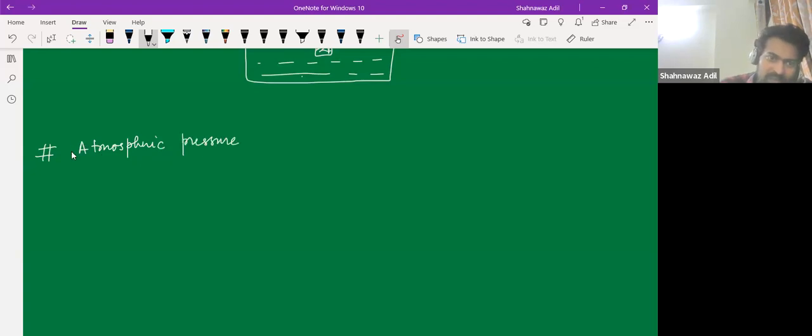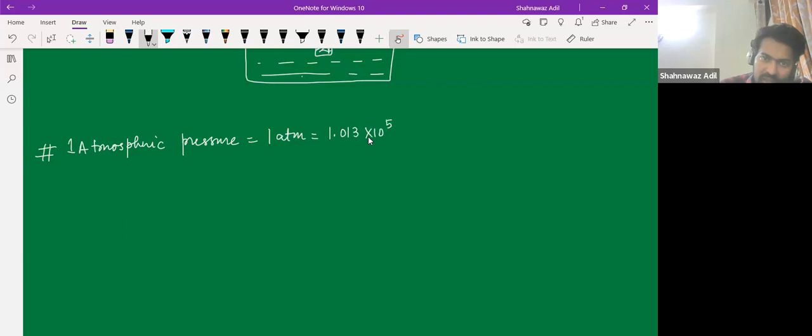Atmospheric pressure is defined as ATM, and this is equal to 1.013 times 10 to the 5 Pascal. So this is the atmospheric pressure.